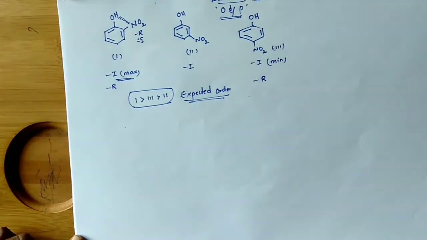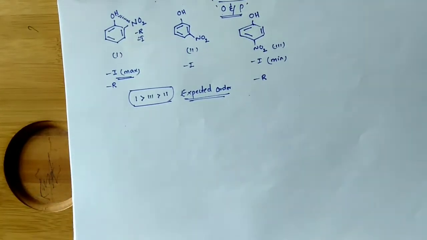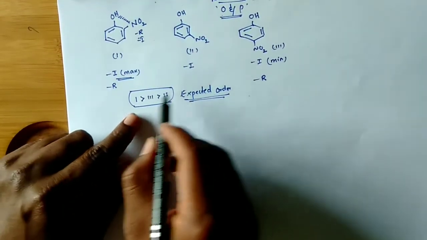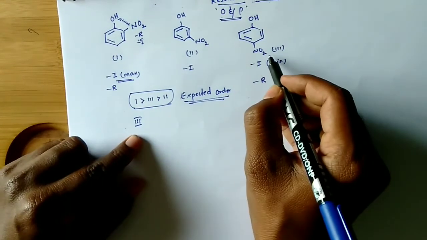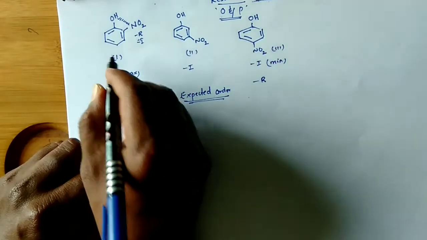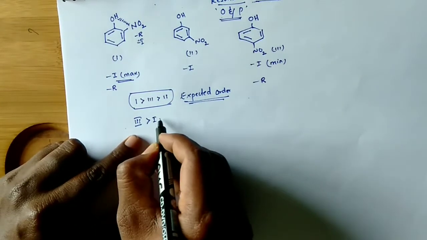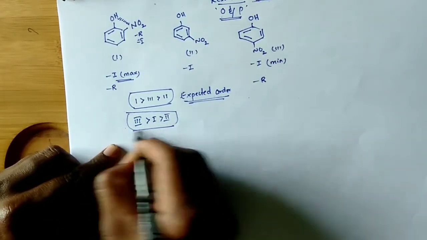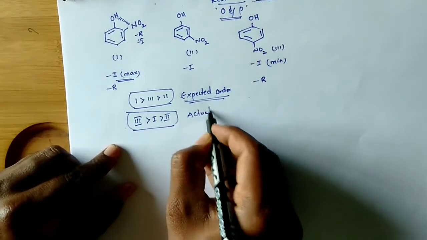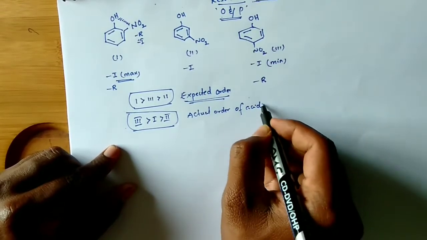Okay, so here the actual order is: third one, this para substituted, is more acidic than ortho substituted, then meta substituted. Okay, this is the actual order of acidic strength.